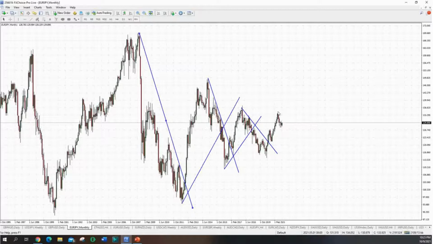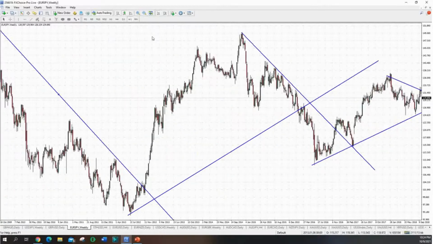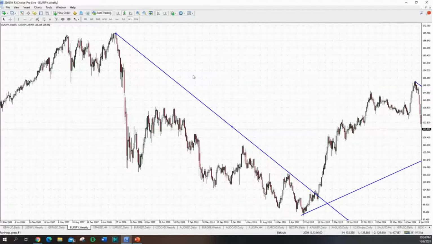So right now, based on the monthly time frame, the Euro Japanese yen is trending up. So you can take your trend line from this low to this low here, to this. So let's go to the weekly to see if everything is done right.